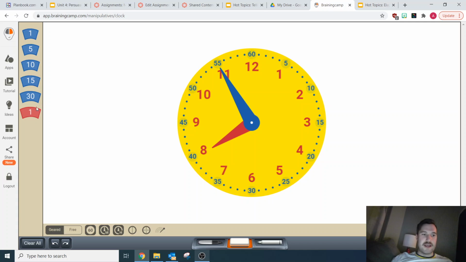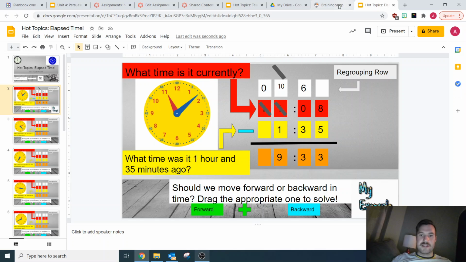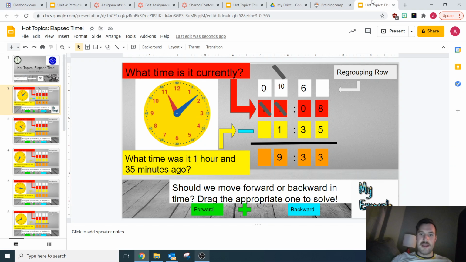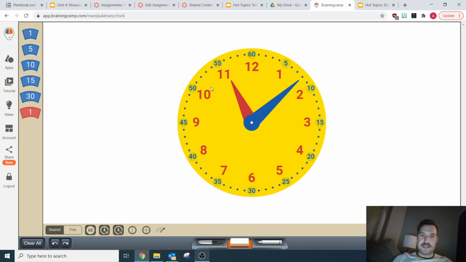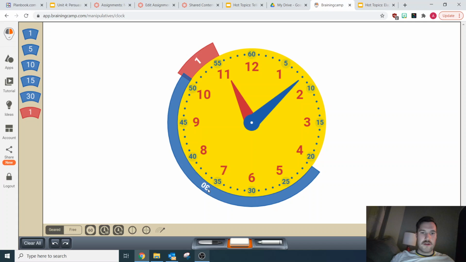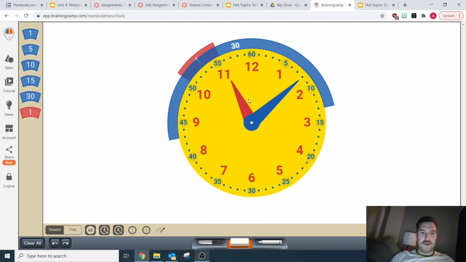Like if I'm saying what time was it, if it's 11:08 and I go back an hour and 35 minutes ago, then I would start at my hour and then I would move back an hour and 30 minutes, so my hour hand would be here.